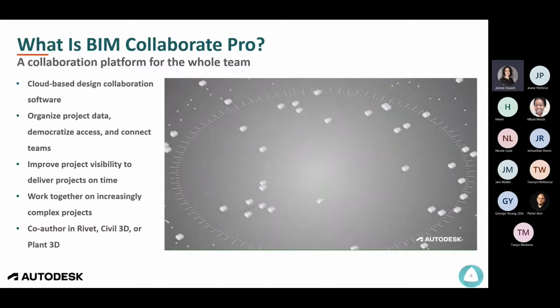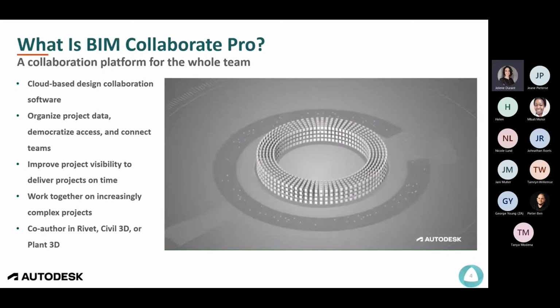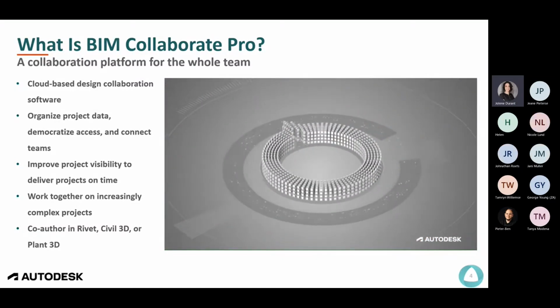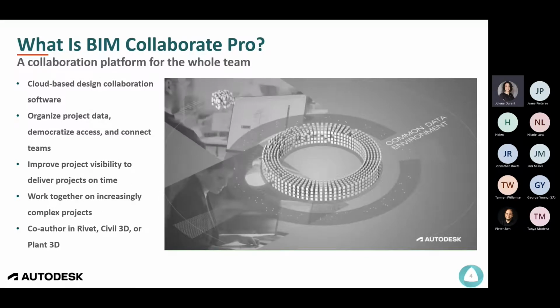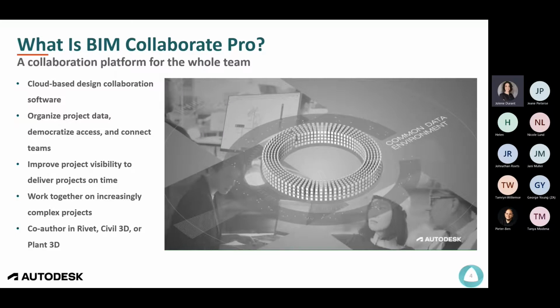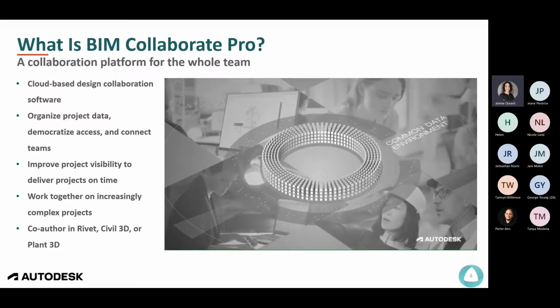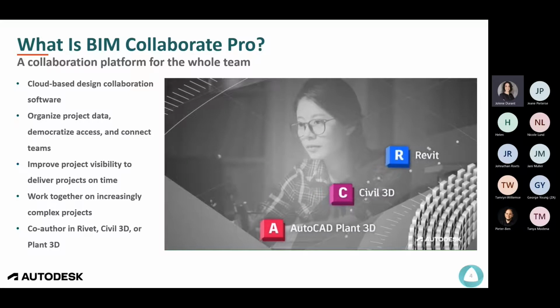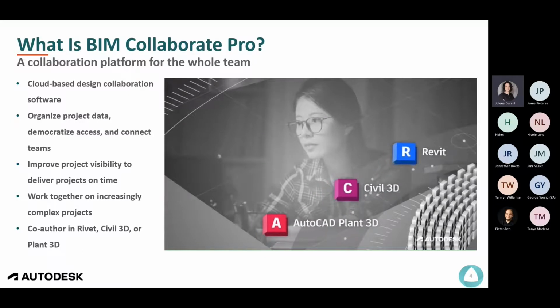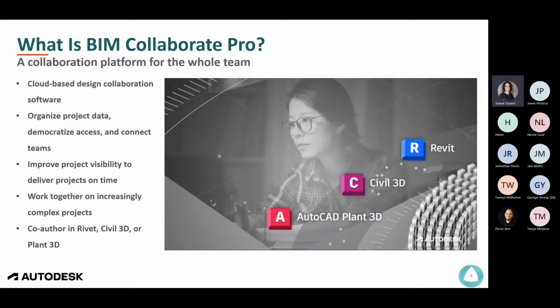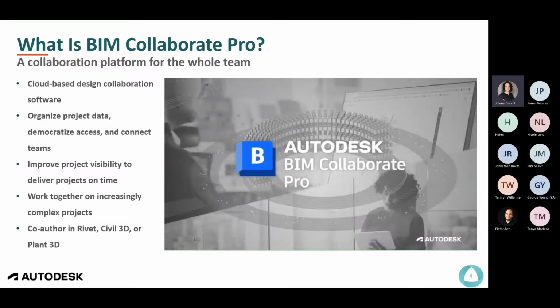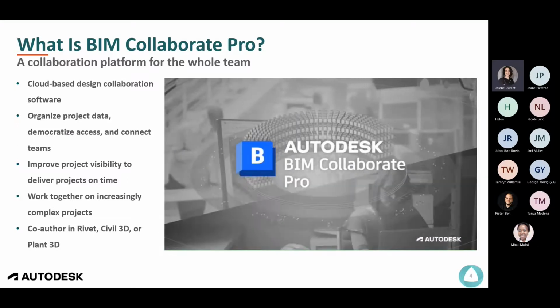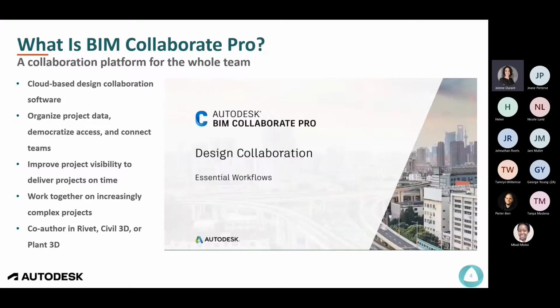BIM Collaborate Pro brings design and coordination teams together by connecting BIM data with construction workflows on a common data environment. BIM Collaborate Pro enables anytime, anywhere access to the design tools you love to use, generating powerful insights to drive better decision making. For the first time ever, Autodesk connects all of this together with BIM Collaborate Pro.